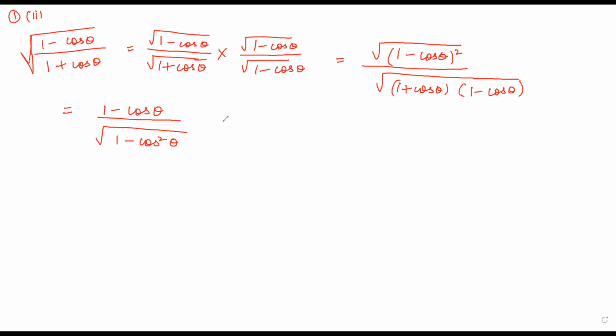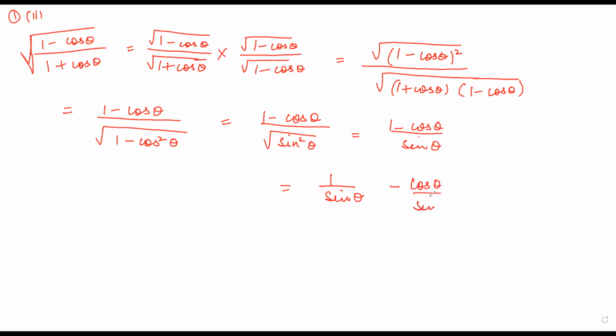Clear? This is 1 minus cos theta divided by under root sine square theta. Right? So 1 minus cos theta divided by sine theta. So you will just break the LCM: 1 upon sine theta minus cos theta divided by sine theta, and this becomes cosec theta minus cot theta.